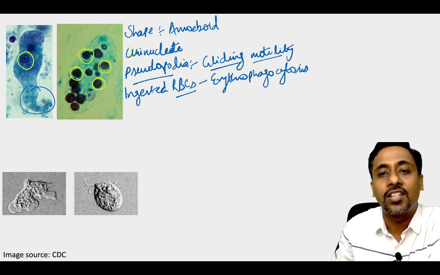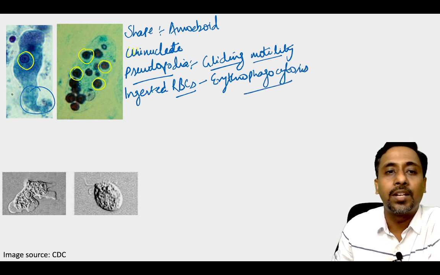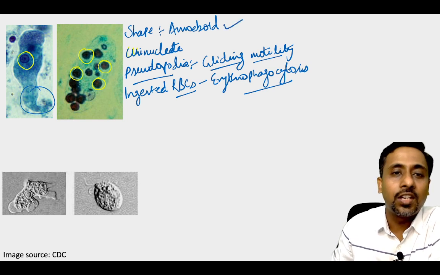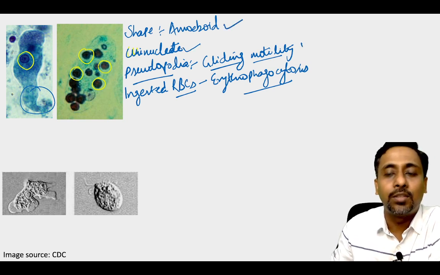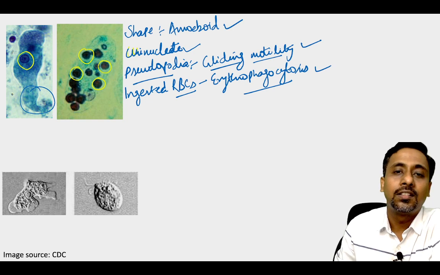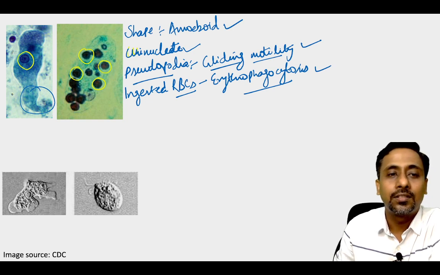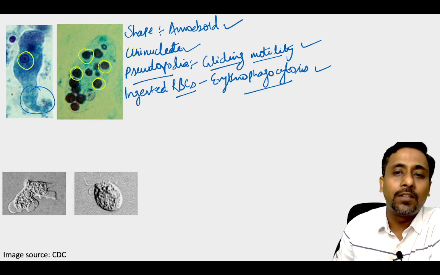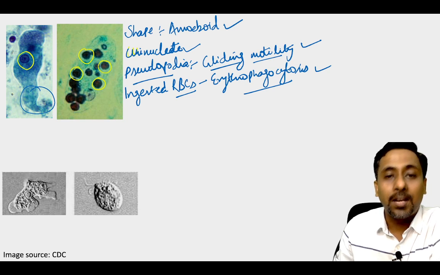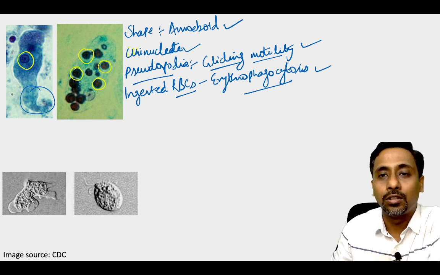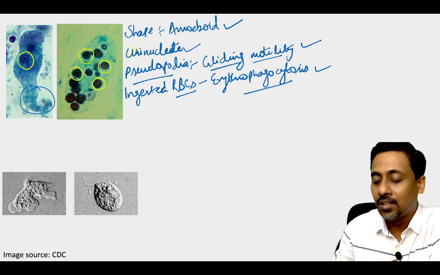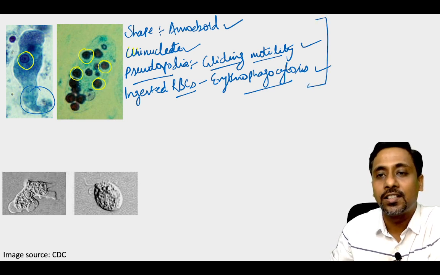So this is characteristic of trophozoite of Entamoeba histolytica. It is amoeboid in shape, uninucleate, shows gliding motility and shows erythrophagocytosis. So whenever you see a trophozoite in which we can see RBCs, and also the shape and nucleus, if all the things match, then it indicates the trophozoite of Entamoeba histolytica.